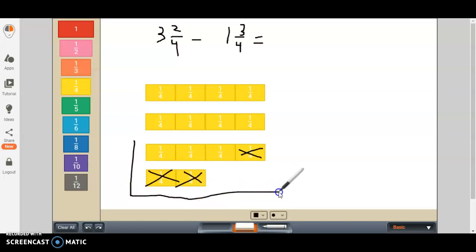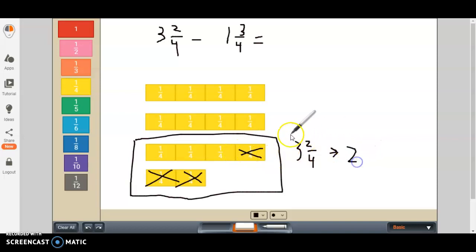So to give you an idea, we took 3 and 2/4, and we regrouped. I took one of the whole numbers, so I crossed it out, became a 2, and I took my whole number and I made it part of my fraction.